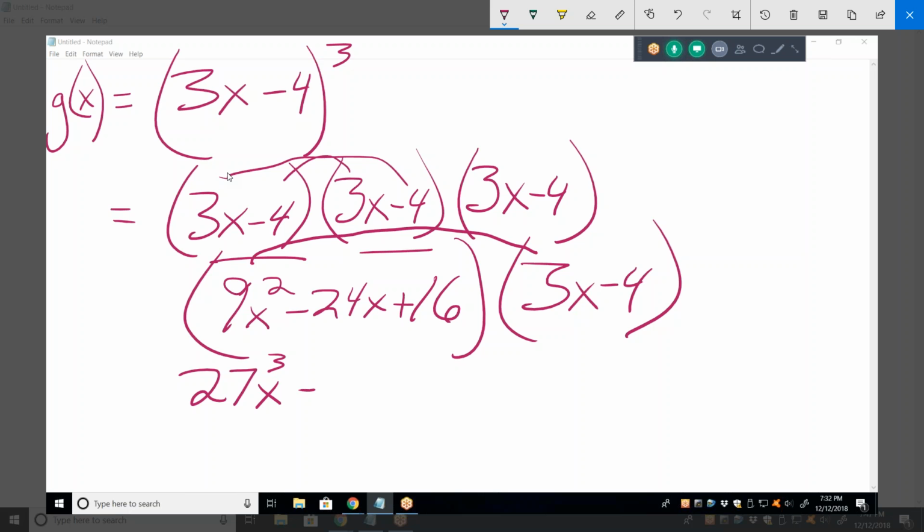You don't do the first one and then the second one and then the third one. I mean, you could; it'll give you the same answer. But the secret to doing these things is to do it the same way every time.